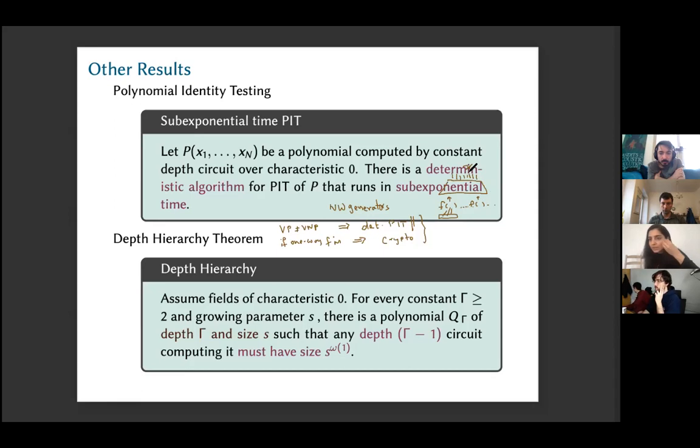But if I want to do PIT in a deterministic way, I cannot afford to pick so many random coins. So the typical way to do this is to try to come up with this random x by using some sort of pseudo-randomness. So instead of using pure randomness to come up with this random query that we ask this black box, I actually use some hard function, and that hard function is then used to create pseudo-random bits.